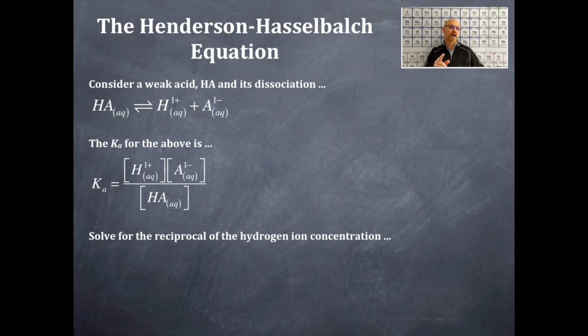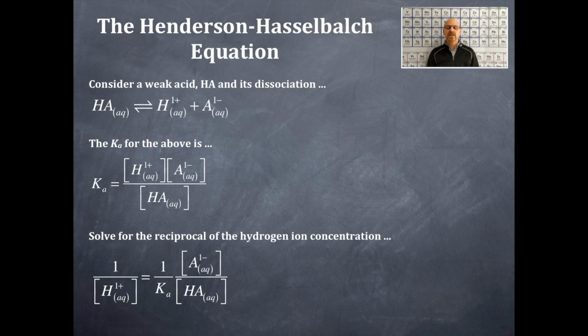Okay, you've paused it. Now restart it, and this is what you get. 1 over the hydrogen ion concentration is equal to 1 over the Ka times the A minus 1, the conjugate base of the weak acid, divided by the weak acid itself, the HA. Take a look at that equation. This is going to be very important.